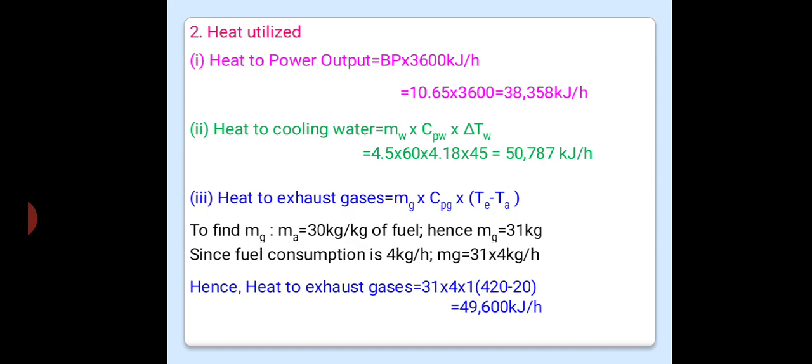Since the fuel consumption is 4 kg per hour, mass of the gas is equal to 31 into 4 kg per hour. Now c_pg value they have given 1, exhaust gas temperature 420, and atmospheric temperature 20. So we got heat to exhaust gases 31 into 4 into 1 into bracket 420 minus 20, which is equal to 49,600 kilojoule per hour.